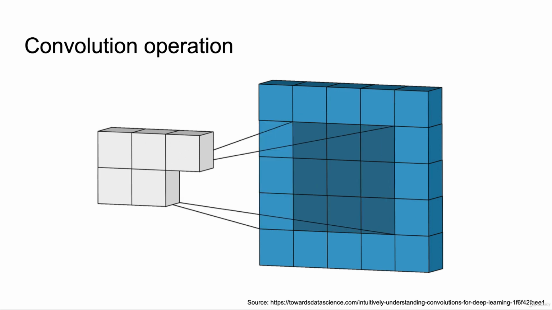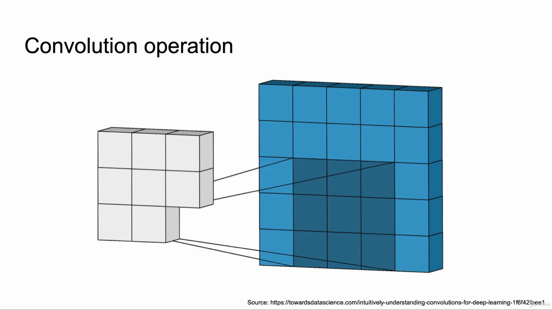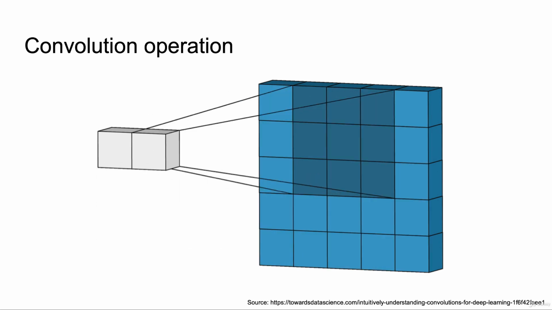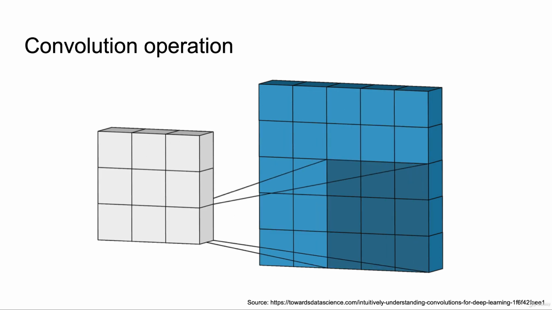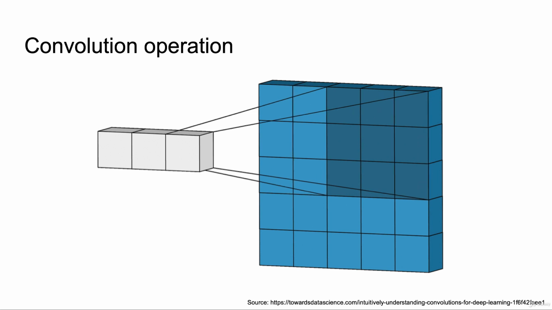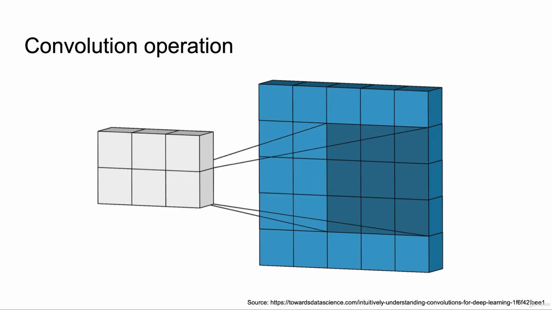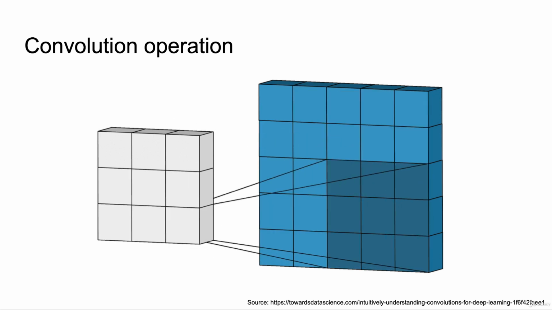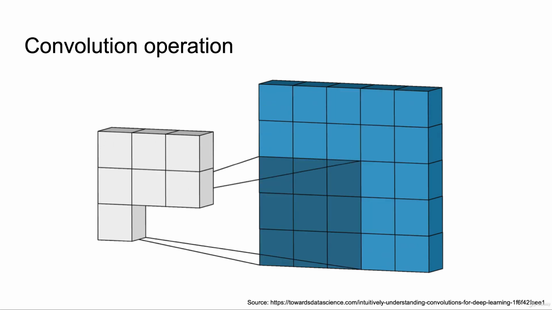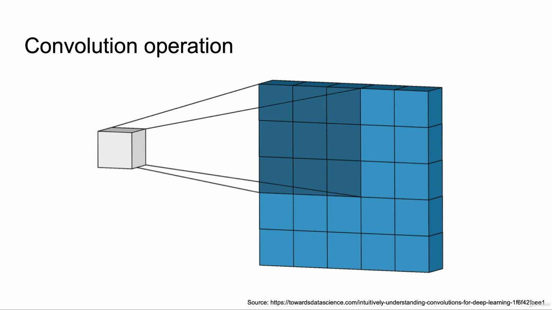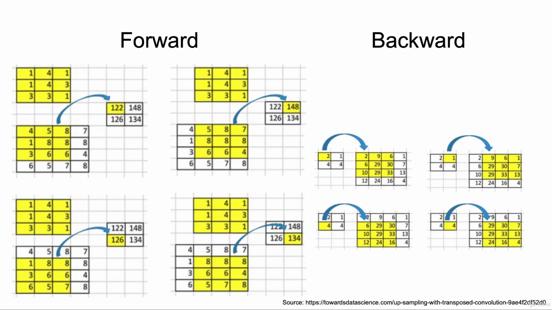Here you can see an example of the convolution operation. Blue is the input image, and the dark blue is the kernel of the convolution. The white is the output, so you can see that we decrease the size from bigger to smaller. How do we perform it?